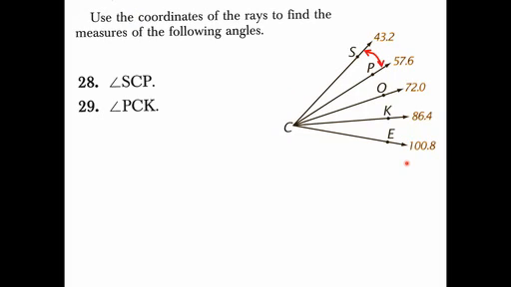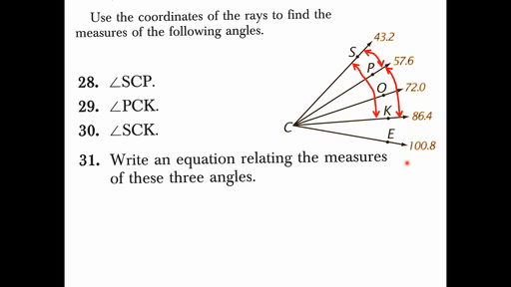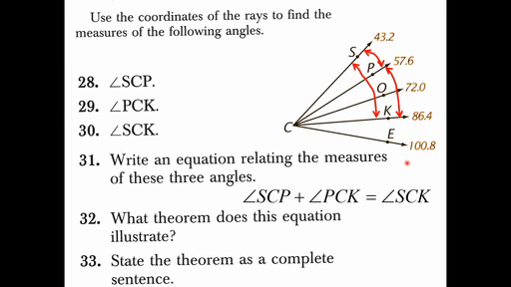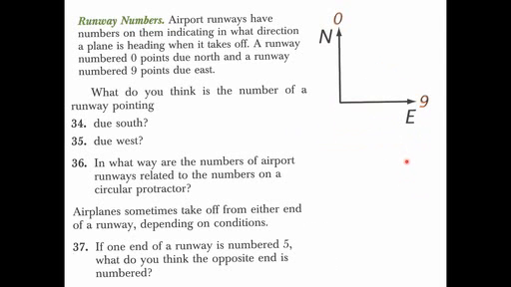Measuring some angles. So we're looking at the betweenness of rays theorem. Runways. So here's a runway that's pointing north, and here's a runway pointing east. Looks like they want to save on paint on their runway or something, because if north is 0, east wouldn't be 9, but it would be 90.